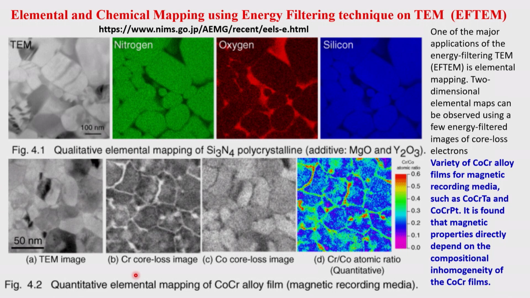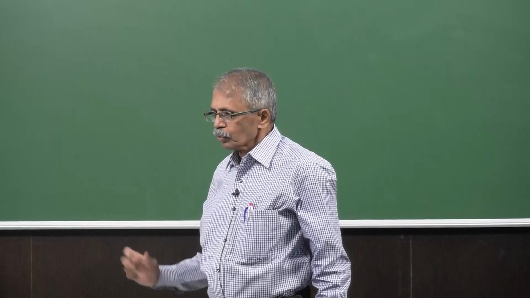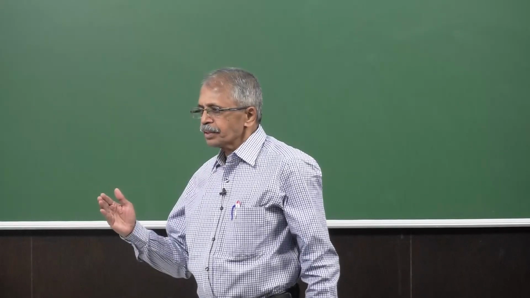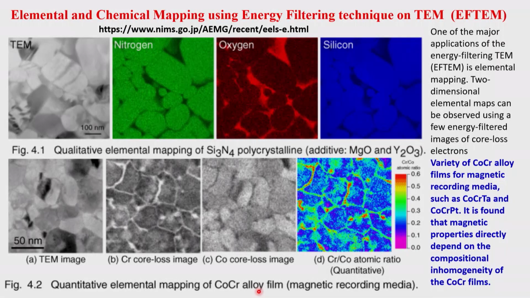Okay, draw your attention to the bottom panel. The bottom panel is a cobalt chromium alloy, and these kinds of alloys are magnetic in nature, so they are used in magnetic memory writing and erasing functions. You require a very sharp change in the magnetic property so that writing and erasing can happen, and these are used with some kind of compositional inhomogeneity with some other elements.